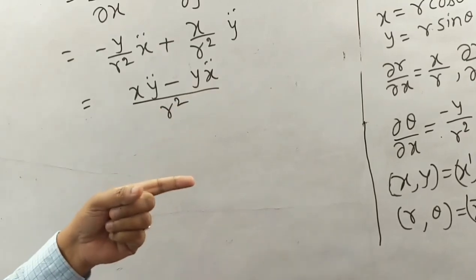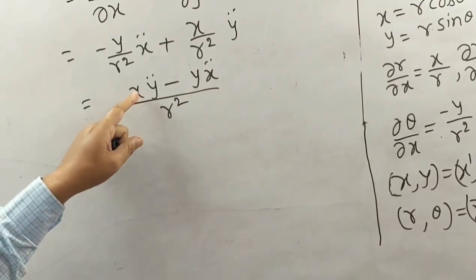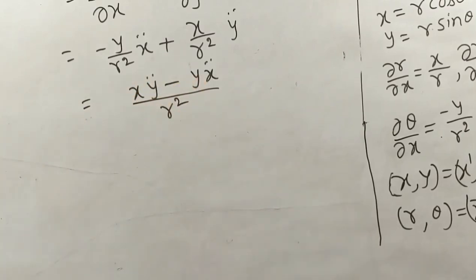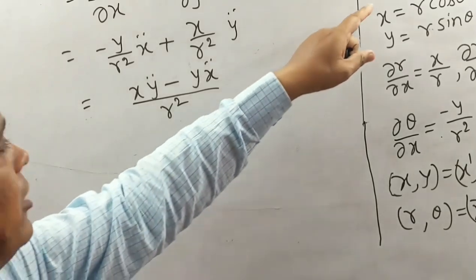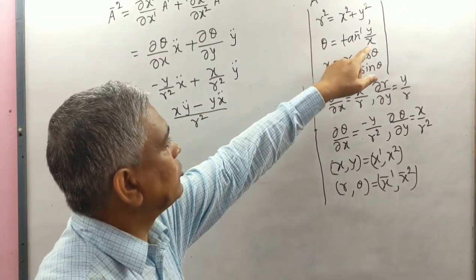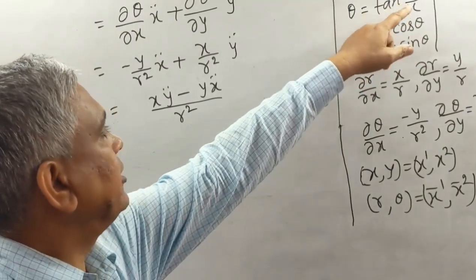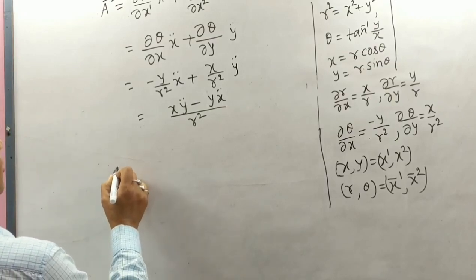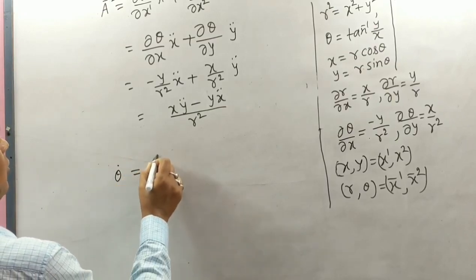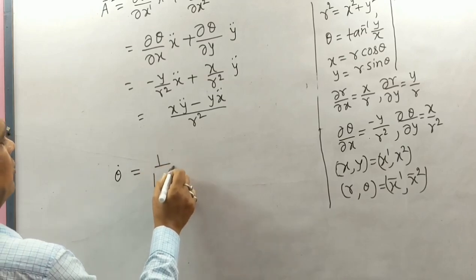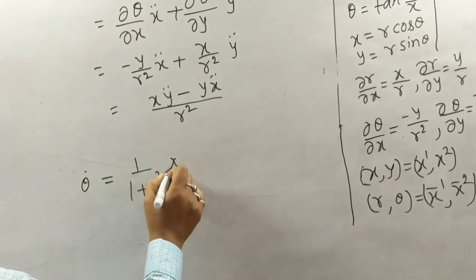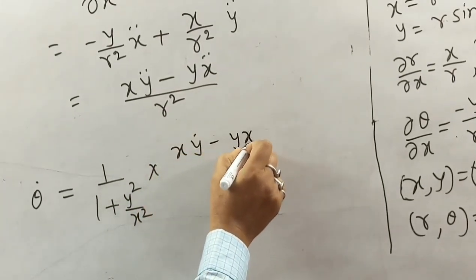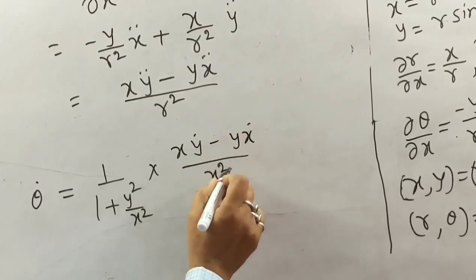Now we will find the value of x y double dot minus y x double dot. So we take help of theta equal to tan inverse y by x, differentiating both sides with respect to t, we get theta dot equal to 1 by 1 plus y square by x square into x y dot minus y x dot by x square.